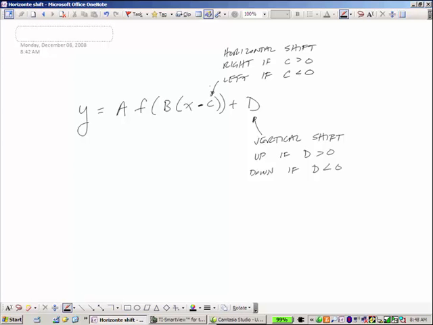And if this feels funny to you, think about it like 5 times f of negative 2 times x plus 3 plus 8, right? That value, right?